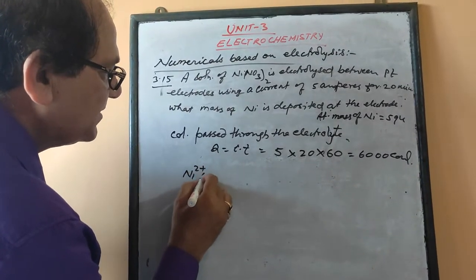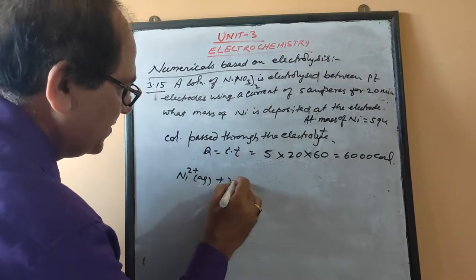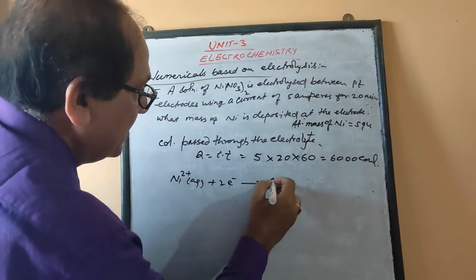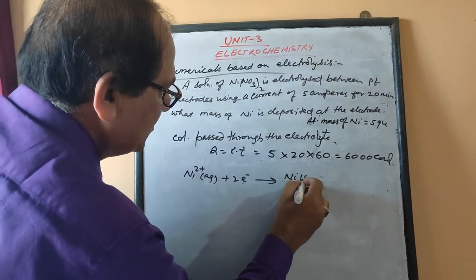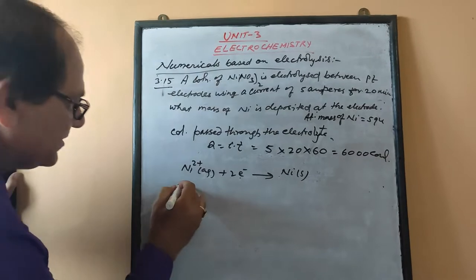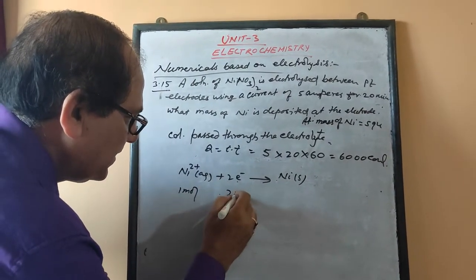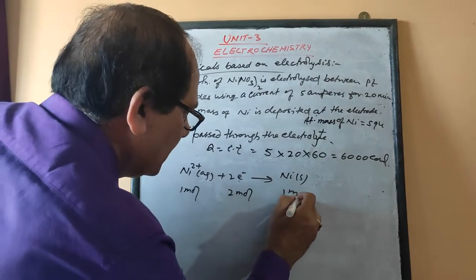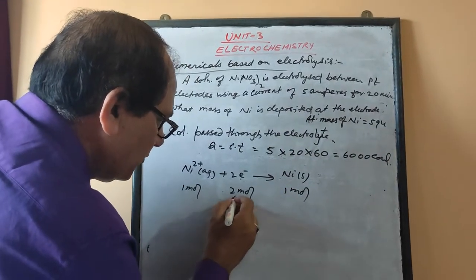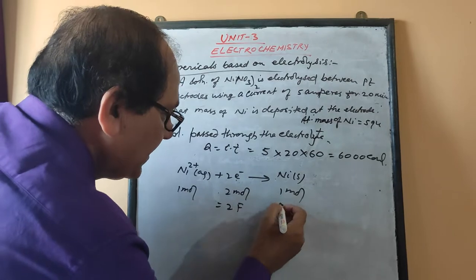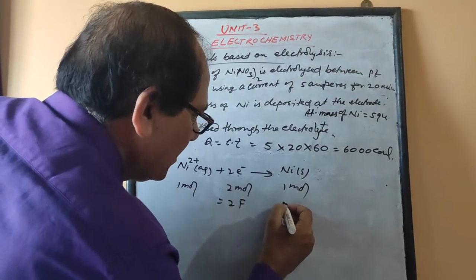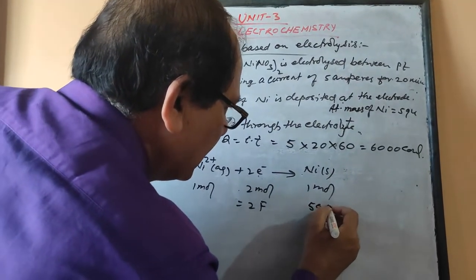Now, write the equation. Ni2+ aqueous plus 2 electrons gives Ni solid. Now this is 1 mole, this is 2 mole, this is 1 mole. 2 mole is equal to 2 Faraday and this is equal to 59 gram.